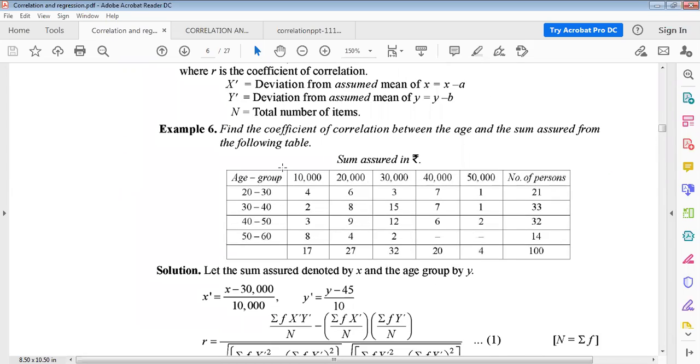Now let us consider this example for grouped data. Find the coefficient of correlation between age and sum assured from the following table.